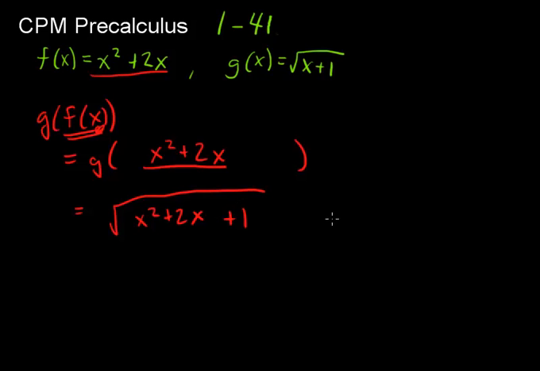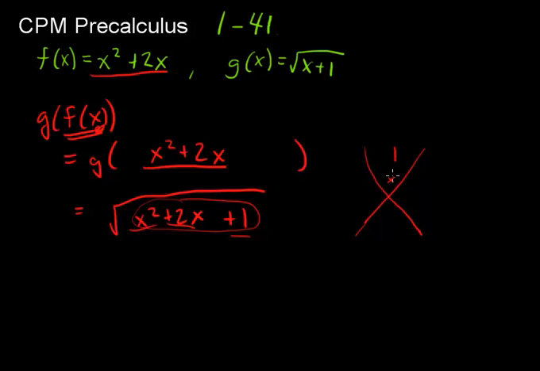Okay, so some of you may think, oh, we're done right there, but we're actually not. You have to look at this now, and can we simplify it at all? Well, yes, we can. So this one is an extra special problem. We can factor this, and I know that we can factor in a special way, but you can factor using the diamond method or whatever method you want.